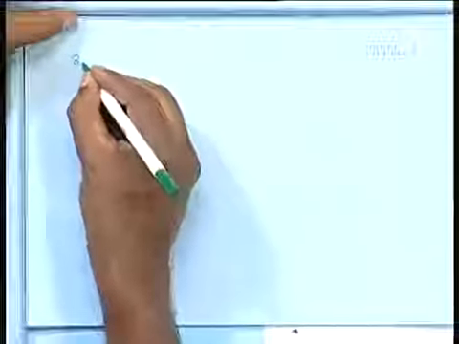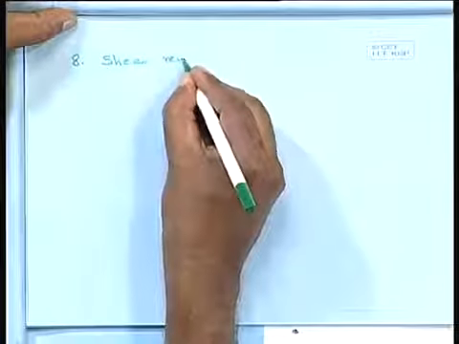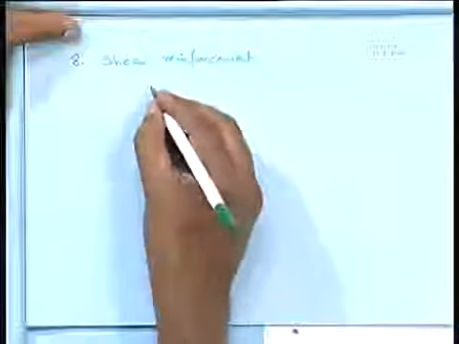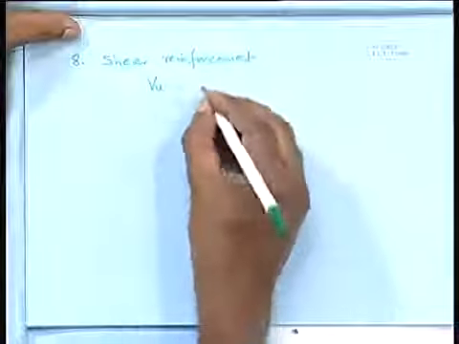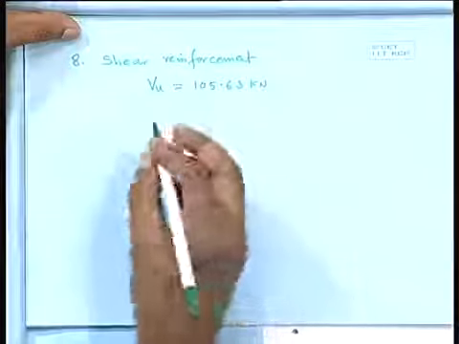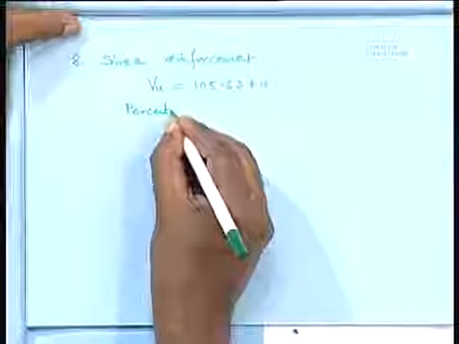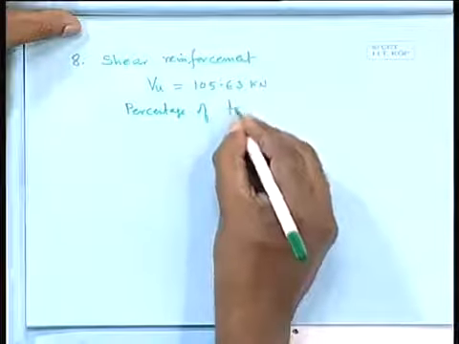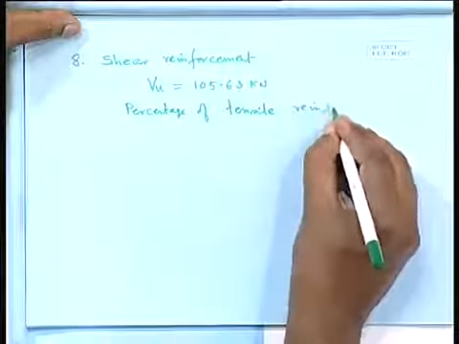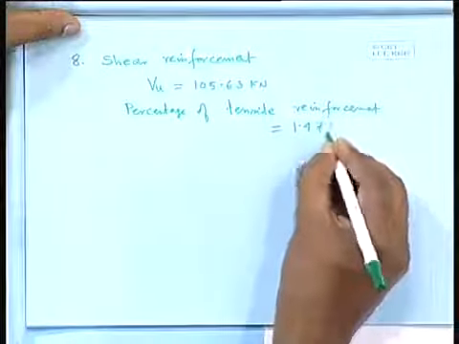Number 8, let us come to the same problem, the shear reinforcement. How much is our Vu? That is 105.63 kilonewton. Percentage of tensile reinforcement, already we have computed 1.47%.